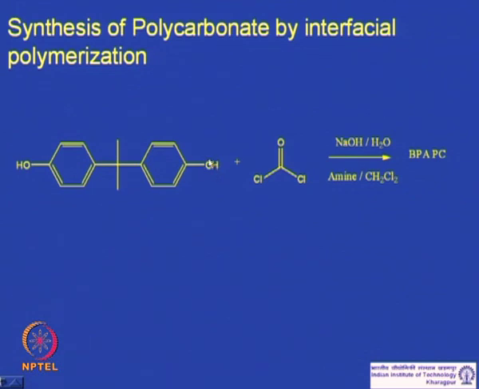If the functional groups have the same reactivity, then it will form a random copolymer. If they are different, then the more reactive group would react faster, forming a block. Then the second monomer would react, forming another block.